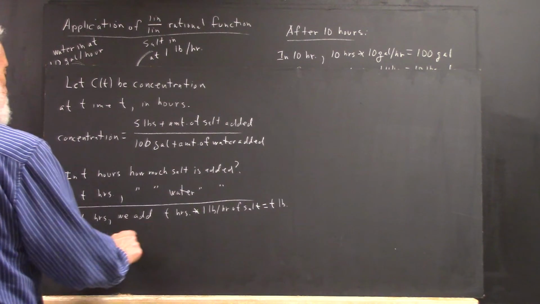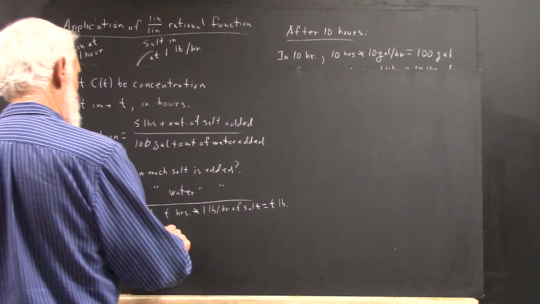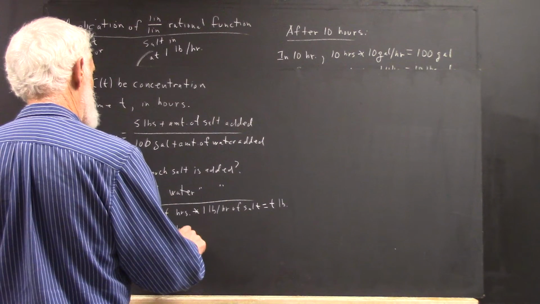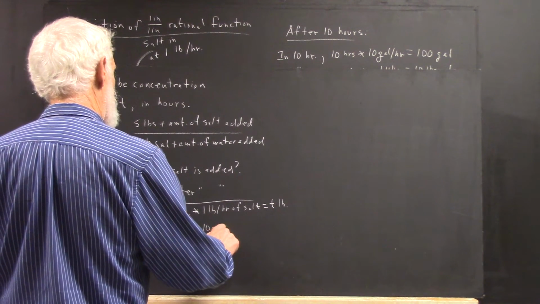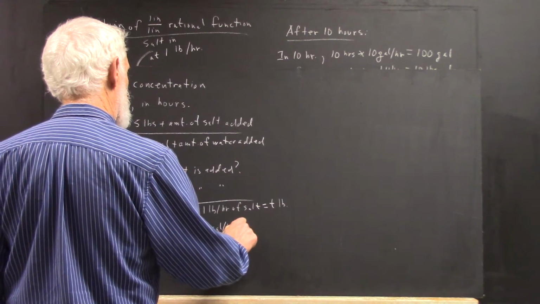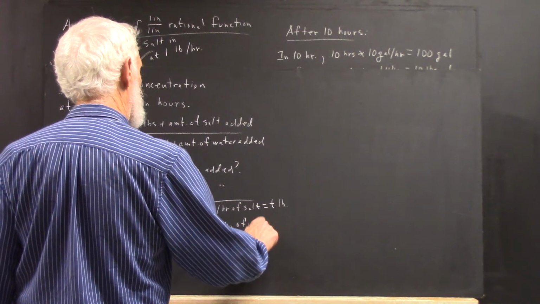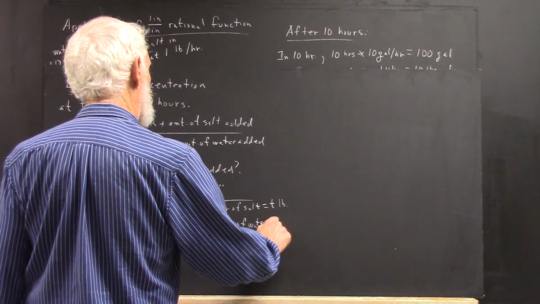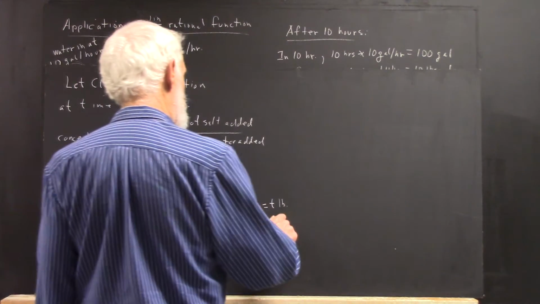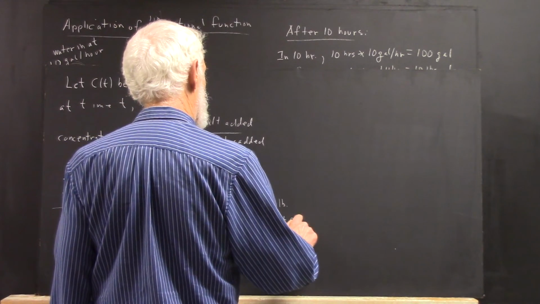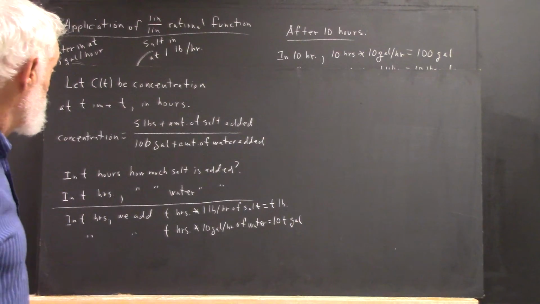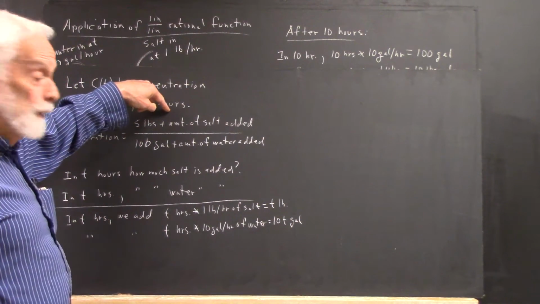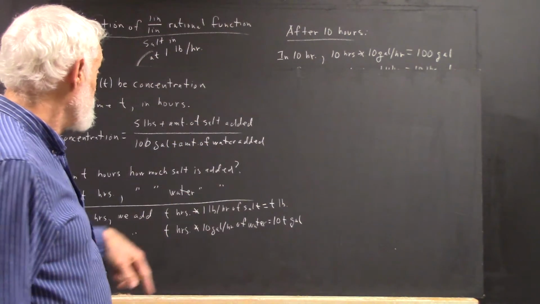And in T hours, we add T hours times 10 gallons per hour of water, which equals 10 T gallons.